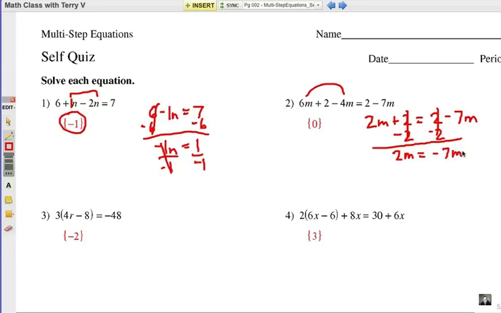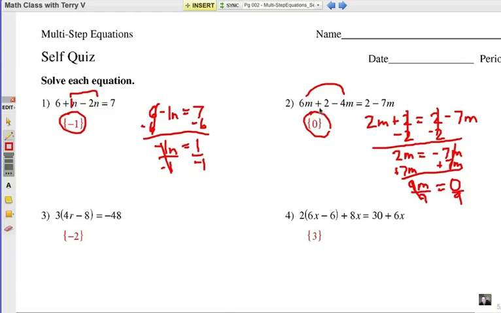-7m. Now, obviously, in solving equations, we want to get all the m's on one side. And we're probably most comfortable with getting all the m's on the left. So let's add 7m to each side. And you'll see that we get 0 on the right and 9m on the left. Now when we divide each side by 9, we have to remember that our answer will be 0 divided by 9, which of course would be 0.